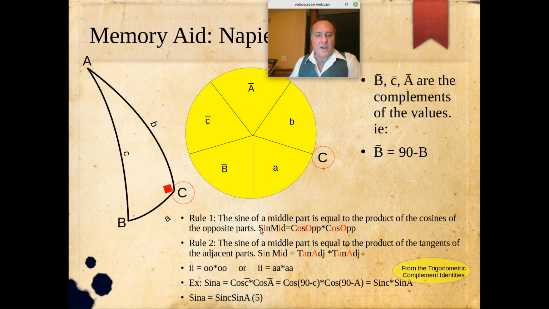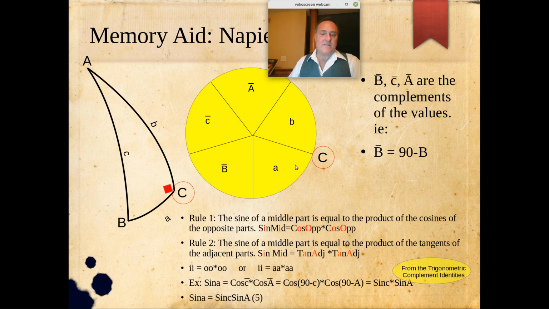Okay. Rule number 2. The sine of a middle part is also equal to the product of the tangents of the adjacent parts. So look here, sine middle, tangent adjacent, tangent adjacent. Notice when you're using tangent, you're going to use adjacent because they both have an A in them. And when you're using cosine, you're going to use opposites because they both have an O in them. And that's why this is coded this way.